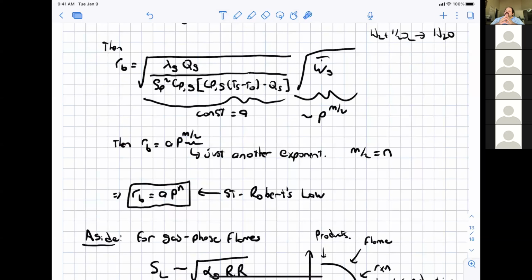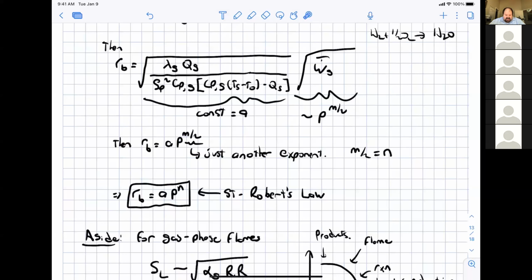And so what this means is that finding the burning rate of a propellant is not a simple, straightforward problem like it was for a Chapman-Jouguet detonation or a Chapman-Jouguet flame. Instead, you actually need to consider the structure of the flame in order to compute the burning rate.